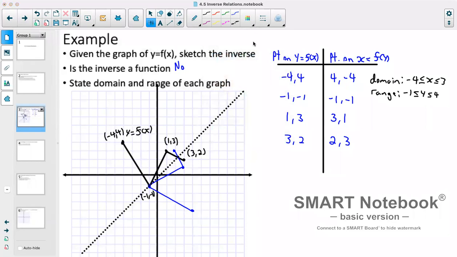Now, if we look at our new graph, our domain went from -1 to +4, and our range went from -4 to +3.